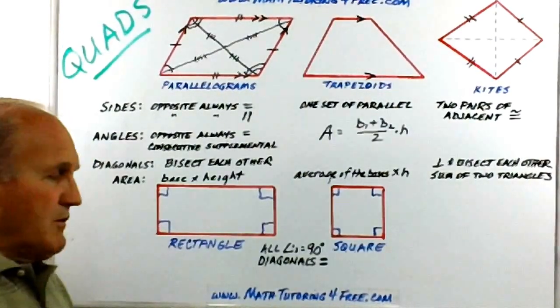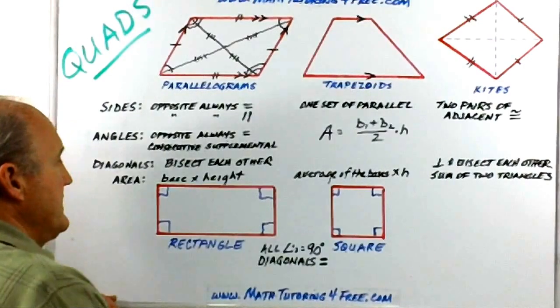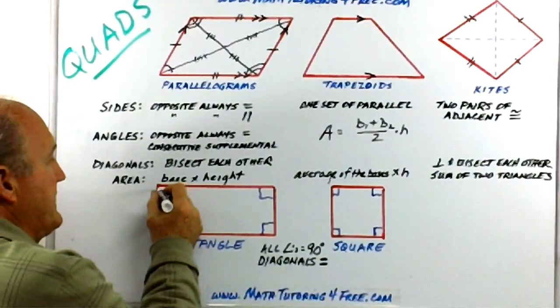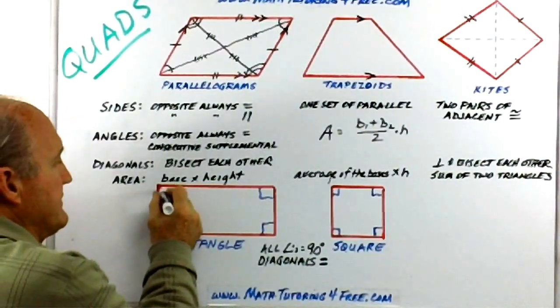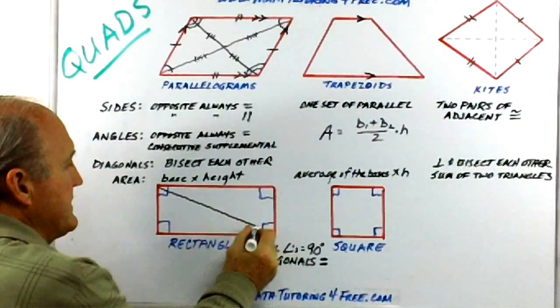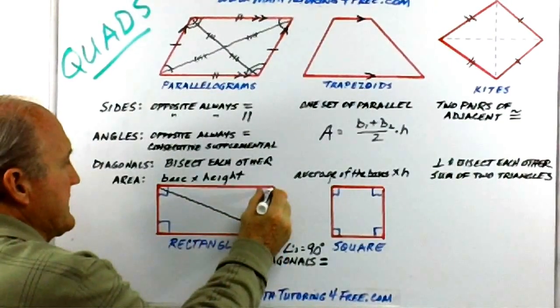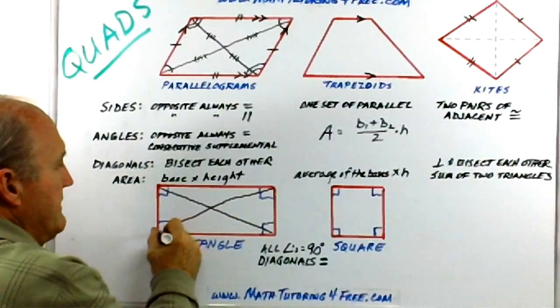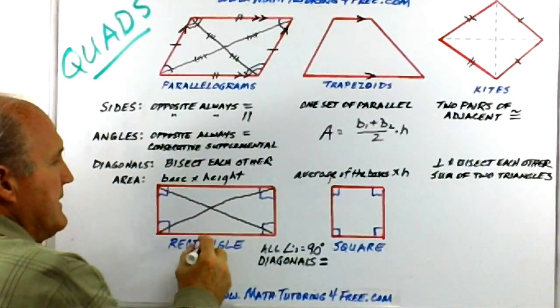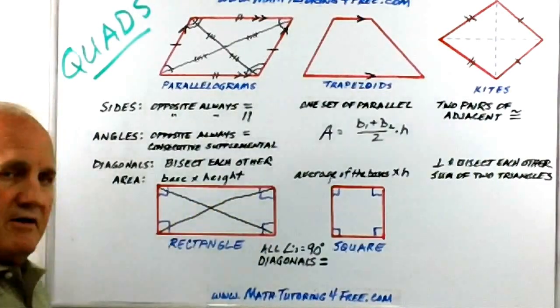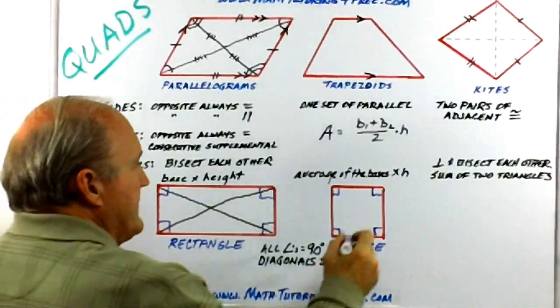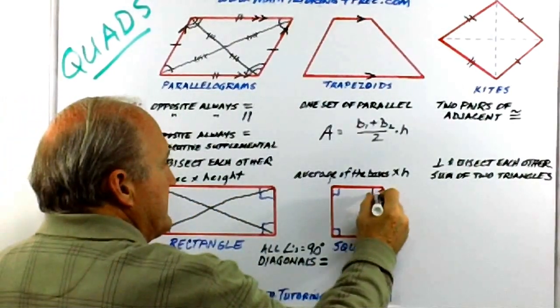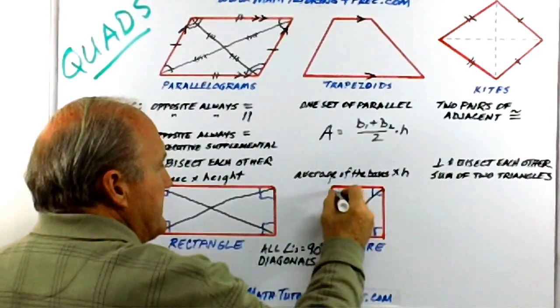And so one of the things that happens with them is, since all the angles are 90 degrees, these are all right triangles, and their diagonals not only bisect each other, but their diagonals are equal to each other as well. Same way with the square here, if I could draw a straight line.